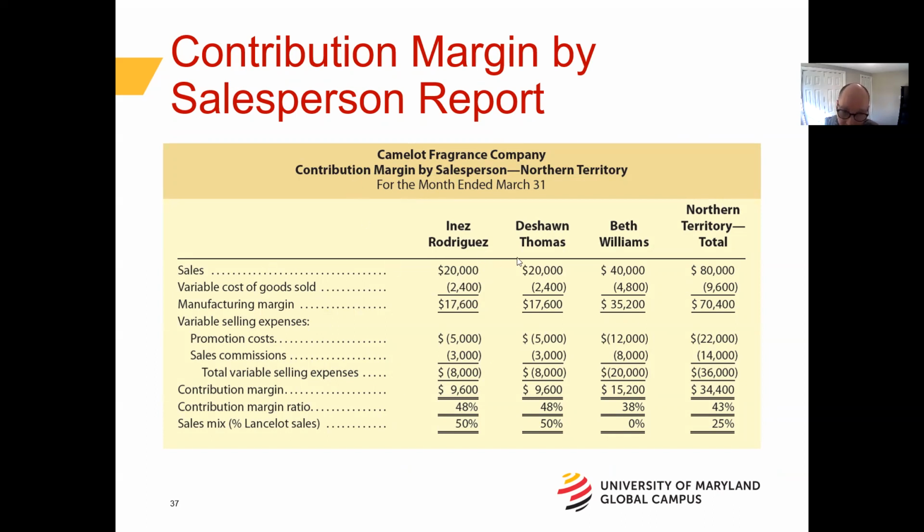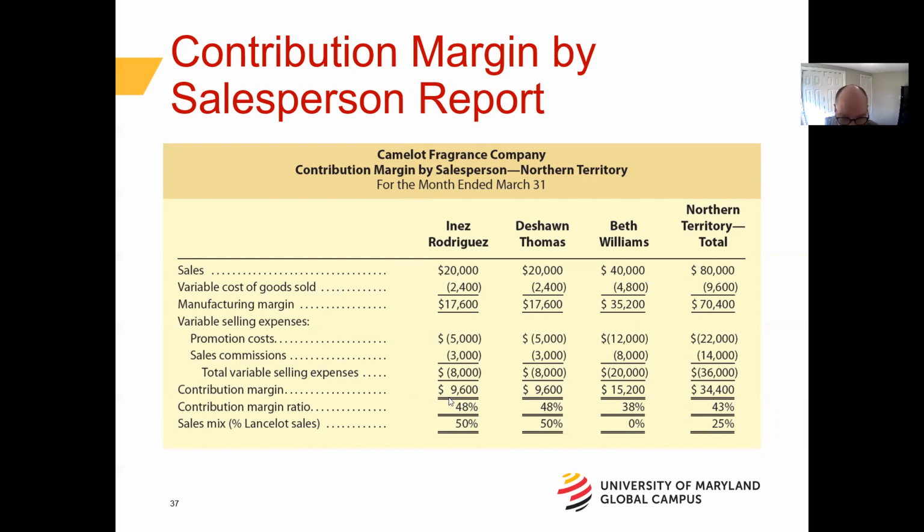So sales minus variable cost of goods sold equals manufacturing margin, minus variable selling and administrative expenses, equals contribution margin.